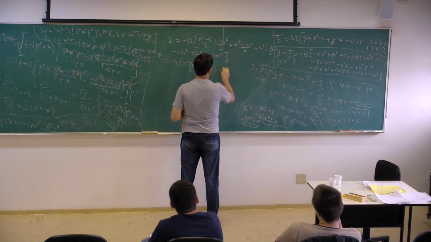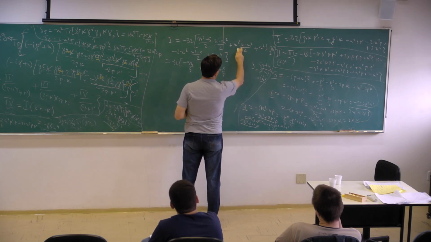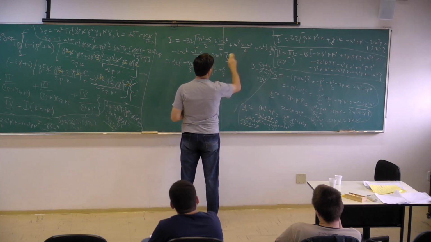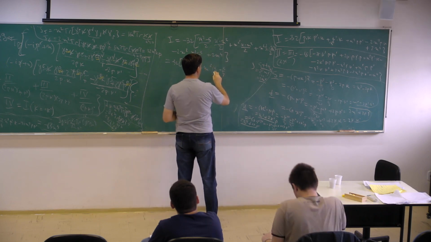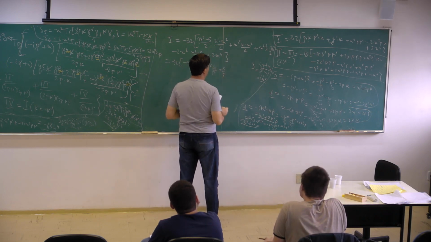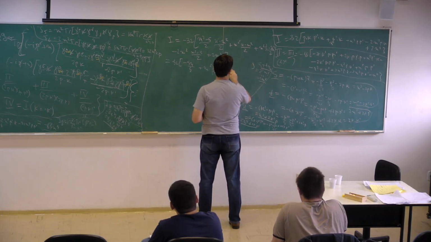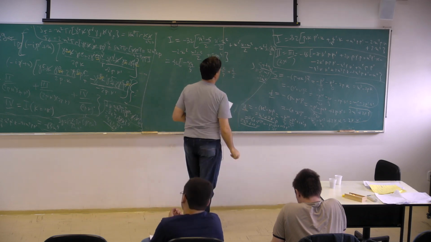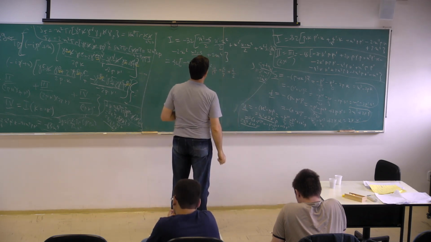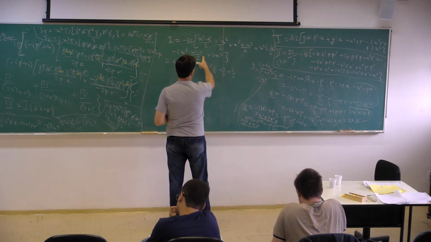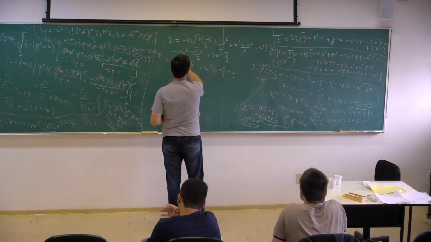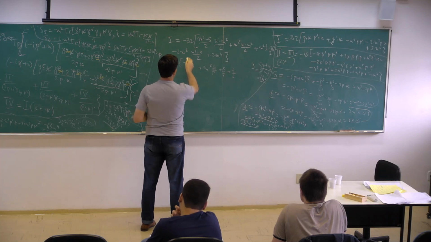Then from this term it's another u over 2 with u over 4. That gives 3u over 4. And then plus t over 2. And then this is 2m squared times this.